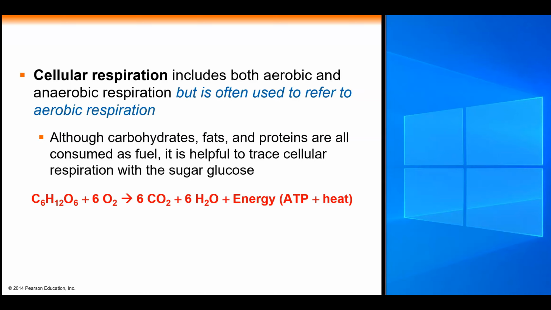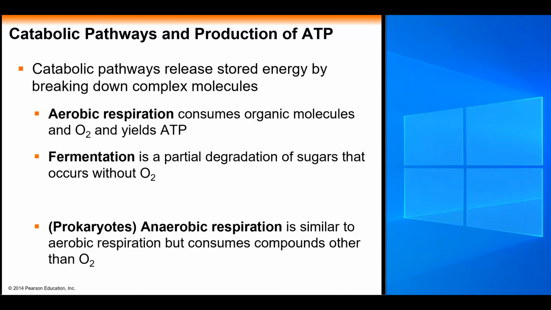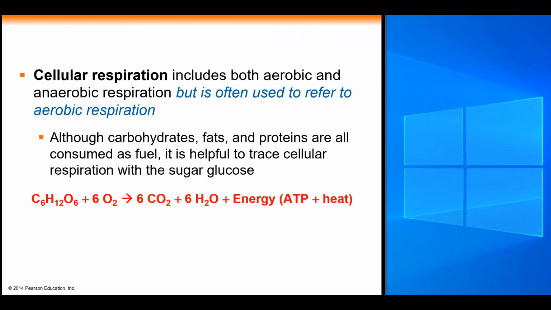All right, now what we're going to do in this chapter is really focus on this idea of cellular respiration. What exactly is cellular respiration though, right? On the previous slide, I listed aerobic respiration, fermentation, and anaerobic respiration as ways to make ATP. And now I'm throwing this term cellular respiration out there. Well, really, cellular respiration should include both aerobic and anaerobic respiration.